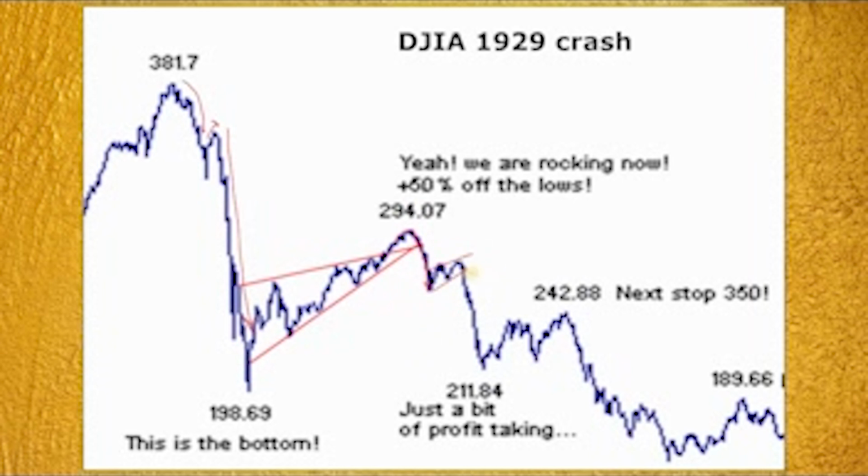So again, there's a smaller wedge over here, and then another drop down to close to the previous bottom. And a lot of people probably would have thought that prices were going to bounce up. So many people might well have bought into these rallies here, only to be disappointed with further drops going onwards there.